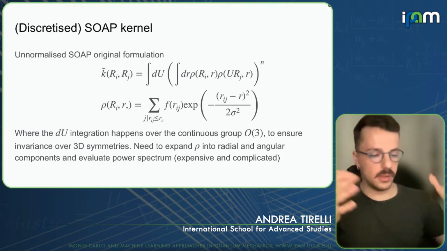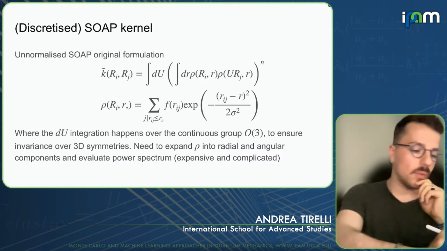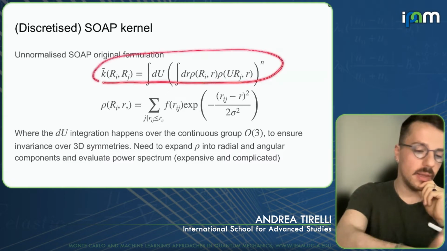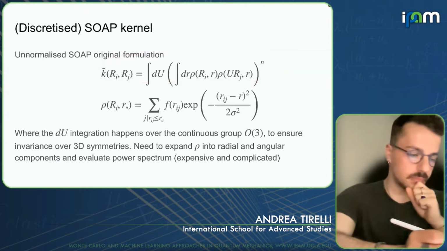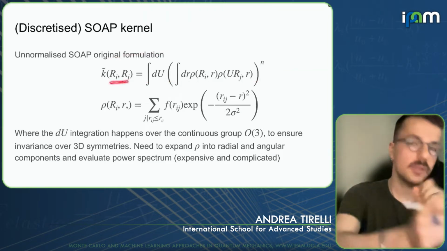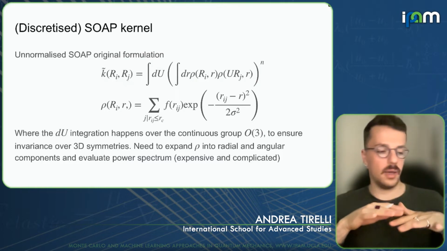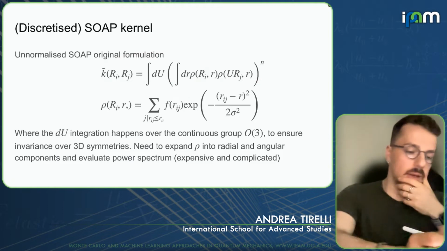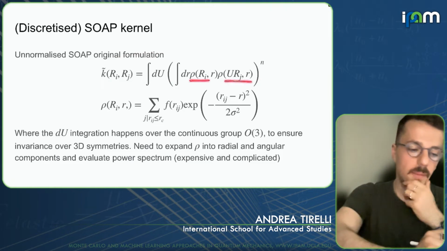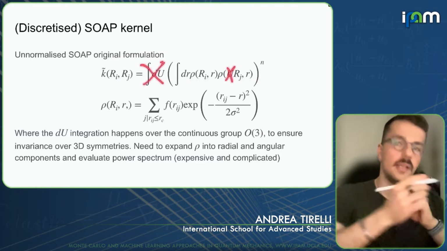If we ignore the normalization constant, then we can write the SOAP kernel in this way. We want to assess the similarity, how local environment I and local environment J are related or similar. And we do it by integrating those two densities. Forget for a second this U term and this integral here.